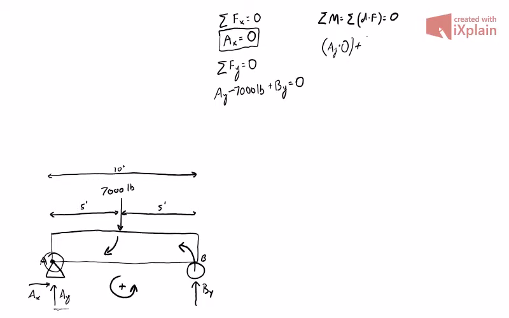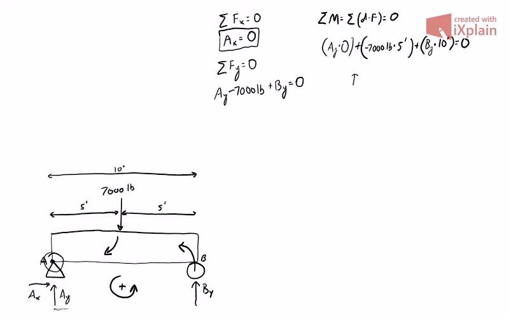For our 7,000 pound force, we have 7,000 pounds, and the distance between that and point A is 5 feet. And then we have our y component of B times the distance between that and point A, which is 10 feet. And that all is equal to 0.